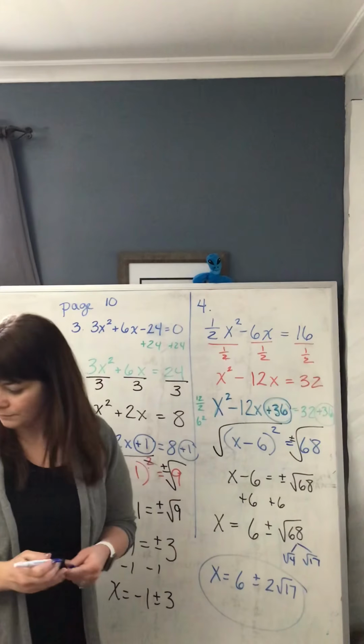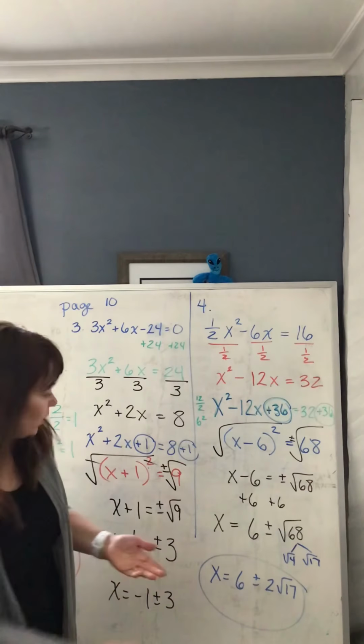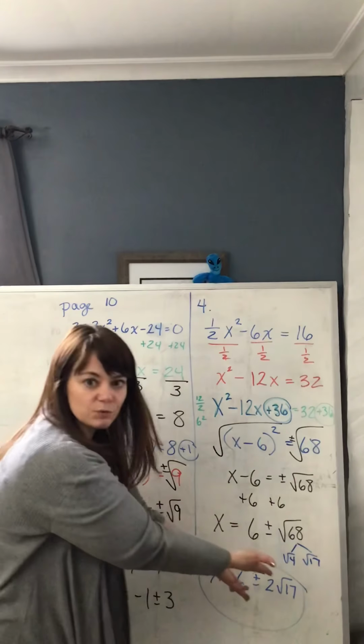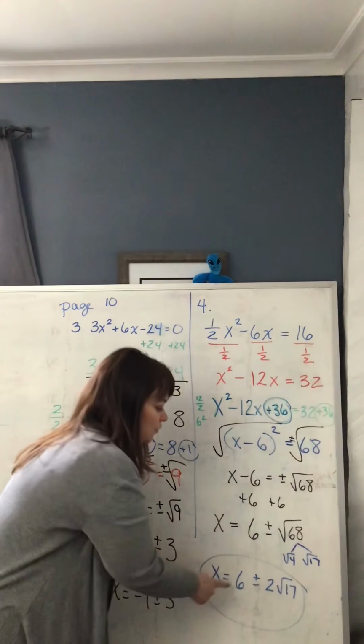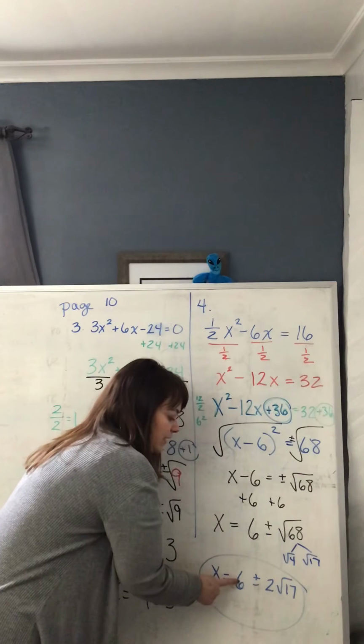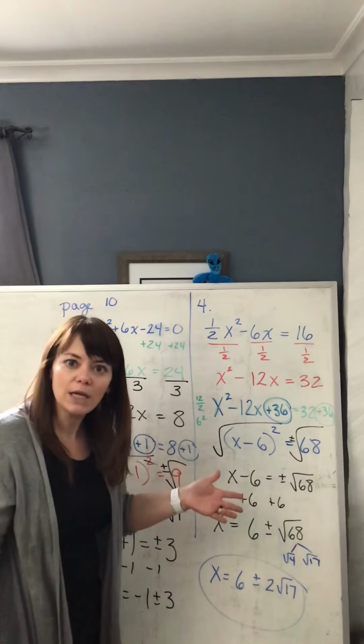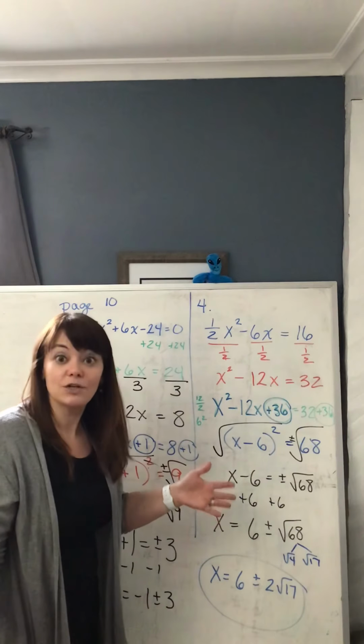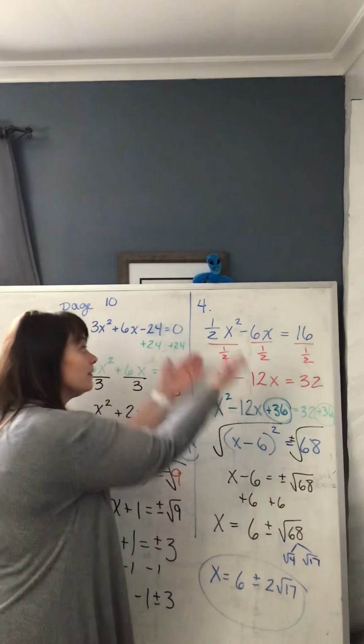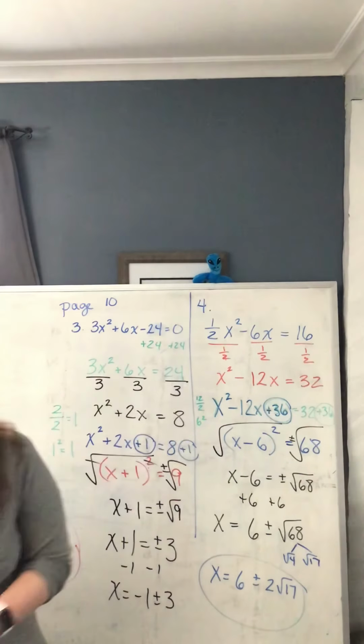That's my answer. I can't do what I did here because I'm left with the square root in there. So one of my answers is 6 plus 2 square root of 17. The other answer is 6 minus 2 square root of 17. They happen to be irrational numbers. That's okay. Those are what solves that quadratic.